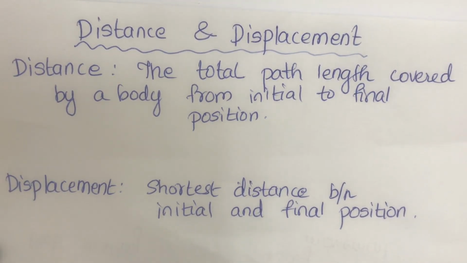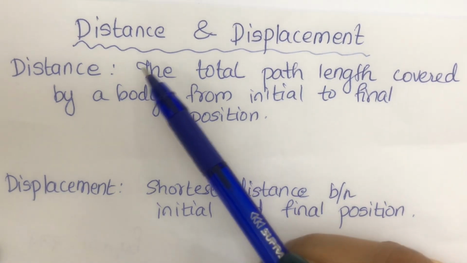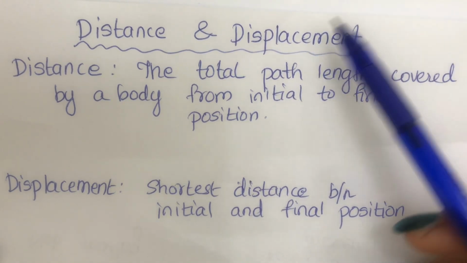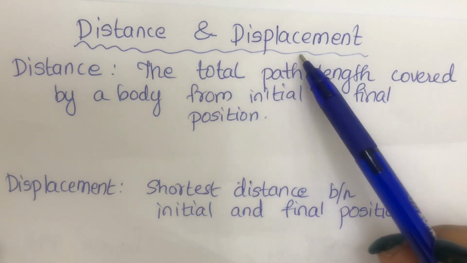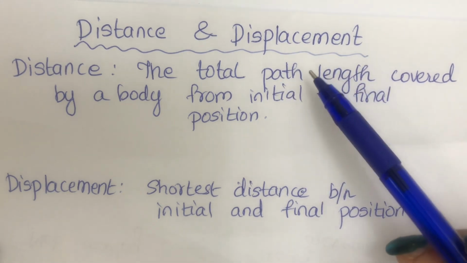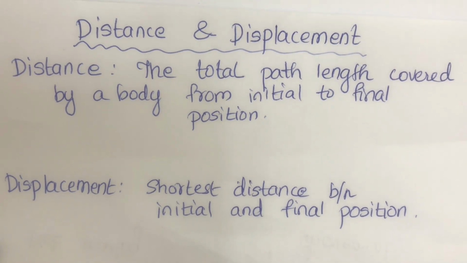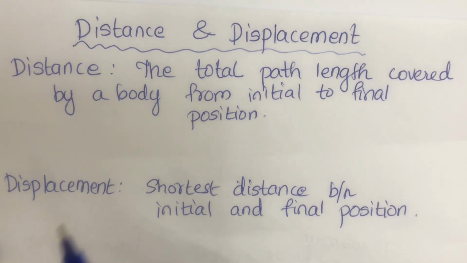Okay, so now we study about distance and displacement. Now you know that distance is a scalar quantity and displacement is a vector quantity. For mentioning displacement, we have to mention the direction also, right? So what is distance? Distance means what? The total path length.